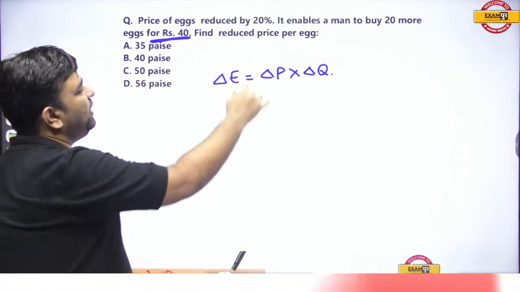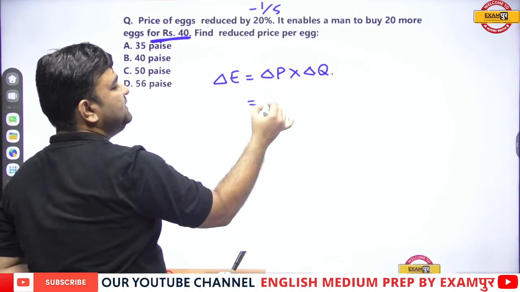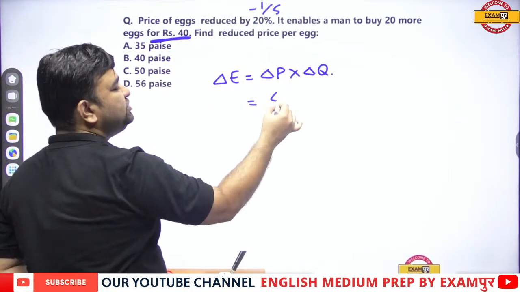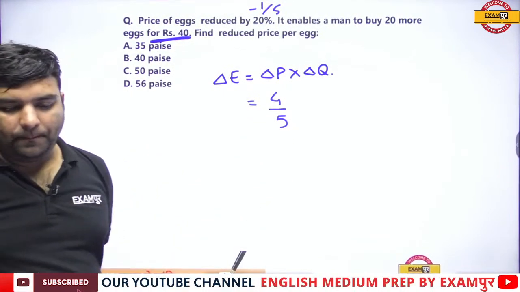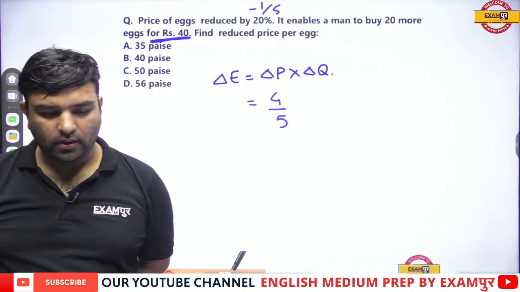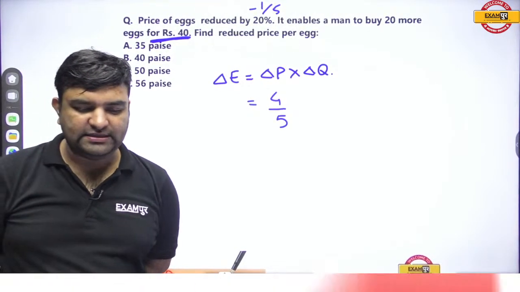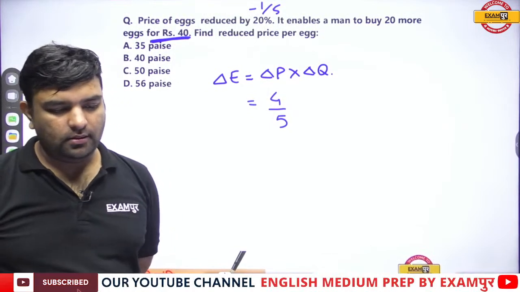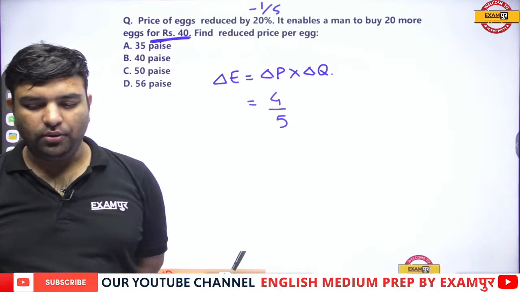Price reduced by 20%, so reduction of 1 over 5. So you can say price has changed from 5 to 4. Is it okay? I hope so.